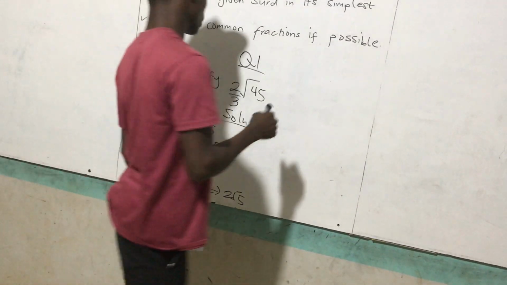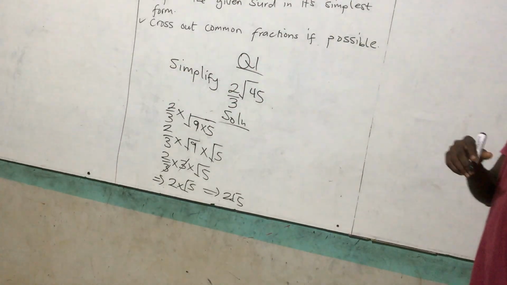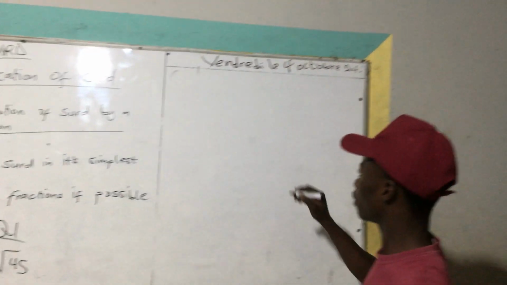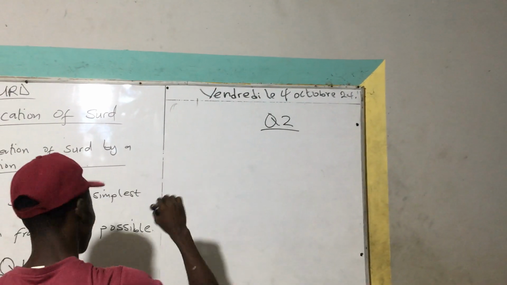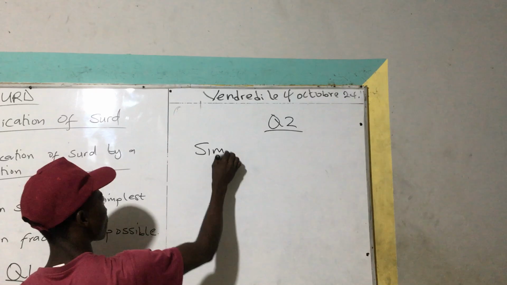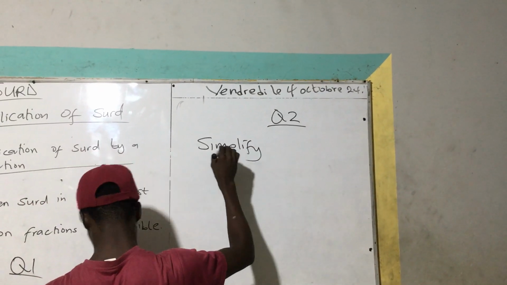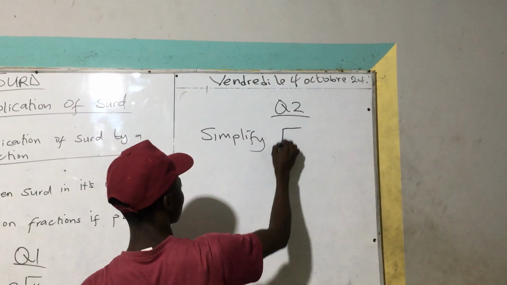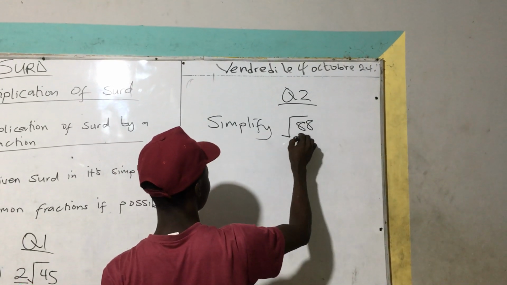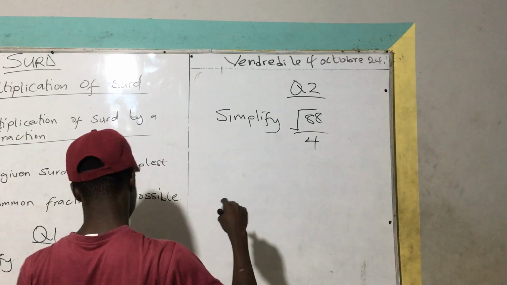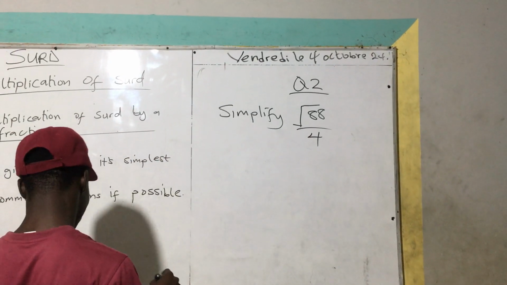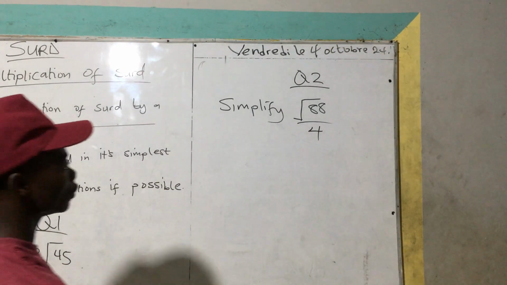Now, let's look at second problem. Question 2. We have simplify root of 88 all over 4.